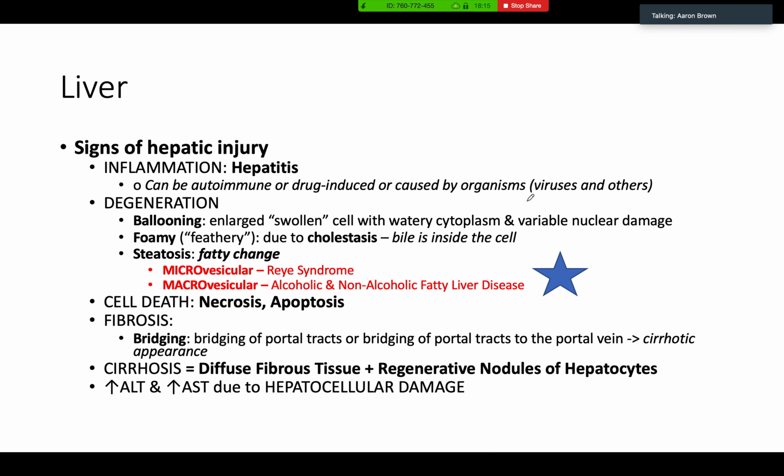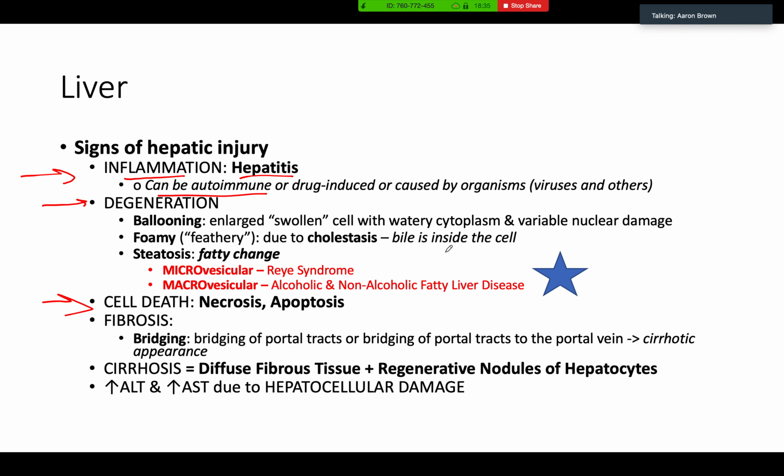Excellent. So, moving on to the liver, in general, our signs of hepatic injury, we can have different types of hepatic injury. This is kind of getting into the pathology, what you see when you look under the microscope. And so when you see inflammation, we call this hepatitis, right? Any itis is an inflammation, and hepa is our liver.